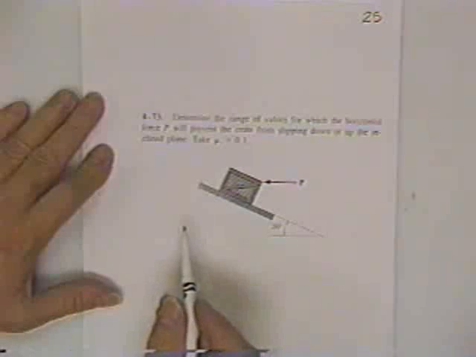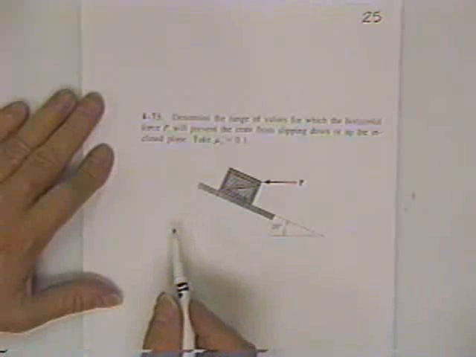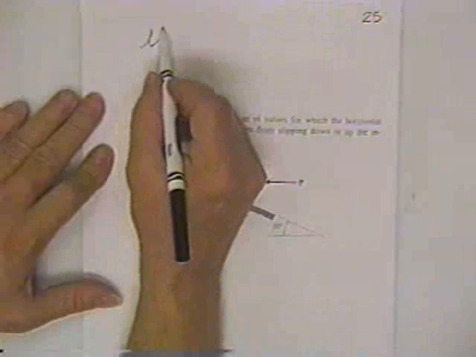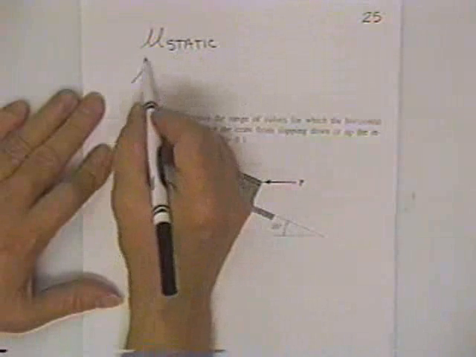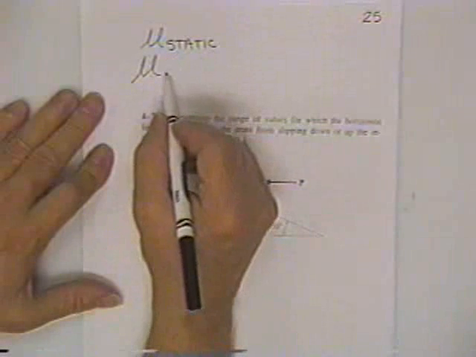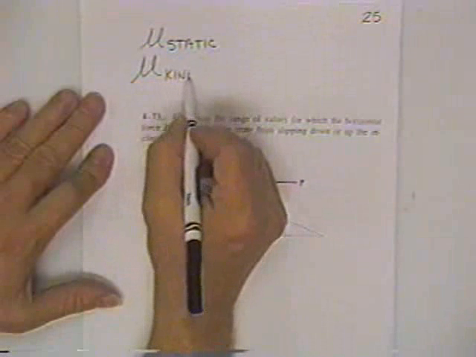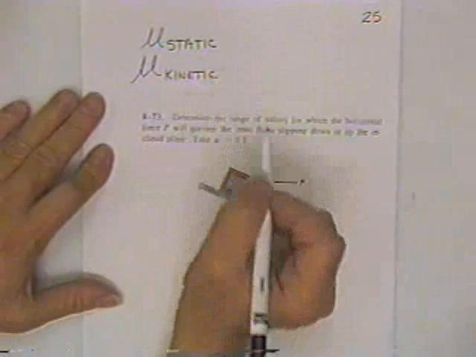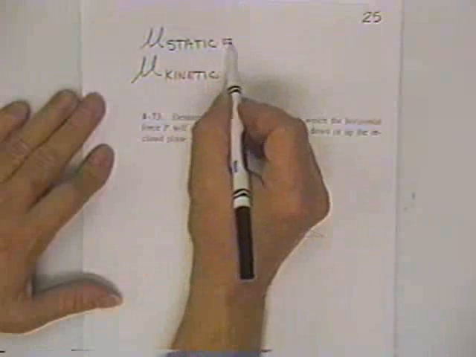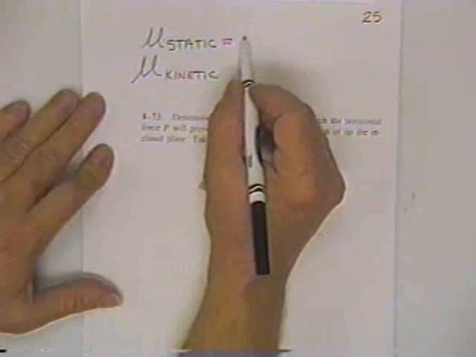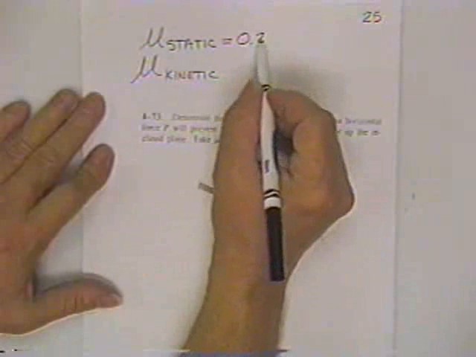There are actually two coefficients of friction for most things. One is a coefficient of friction static, and one is a coefficient of friction kinetic or dynamic. The static coefficient of friction is generally larger, might be 0.2.